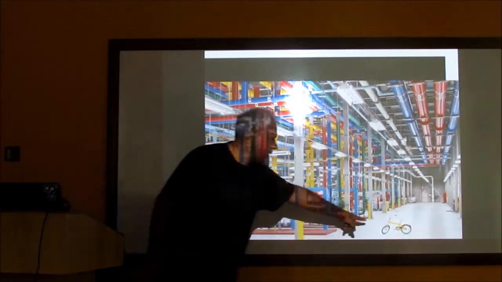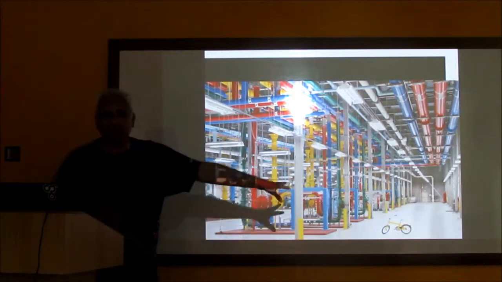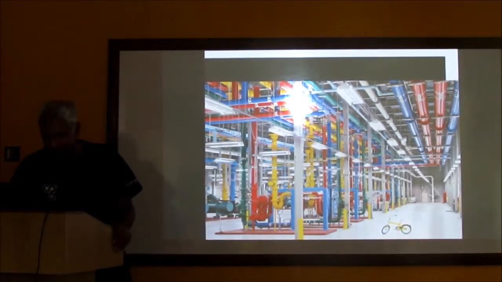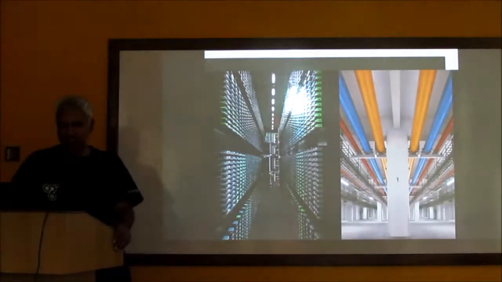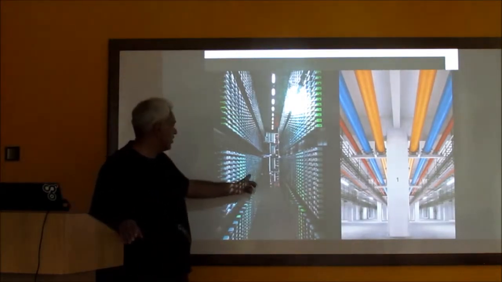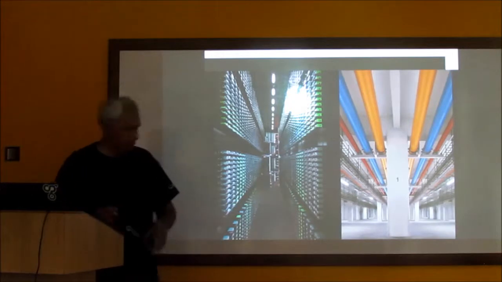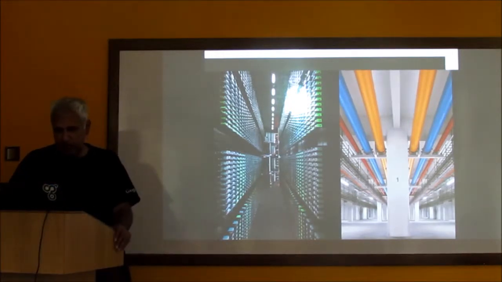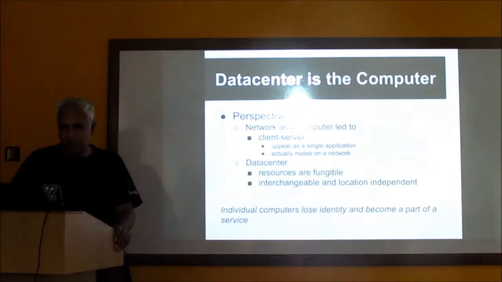These are bikes on campus to go from building to building. Somebody put one of those bikes there for a picture. Now you're actually looking at some of the servers in here. Cabling.